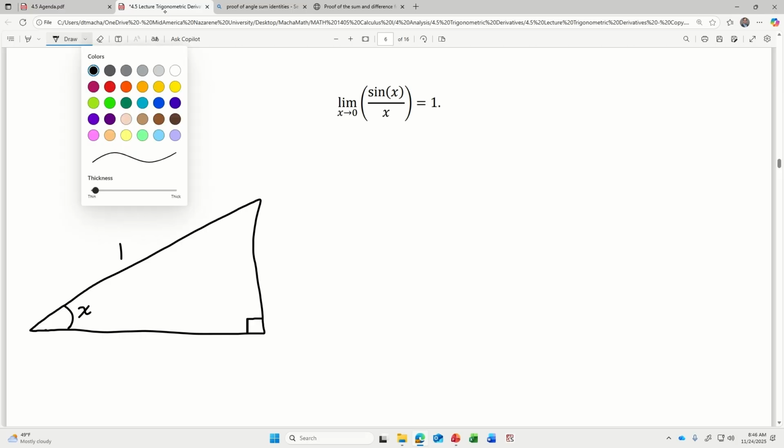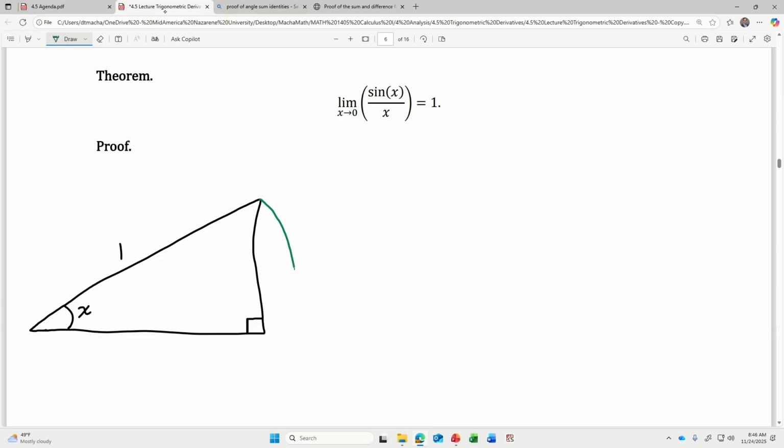We are going to set this triangle inside of the unit circle, if you will. Imagine I've got a circle with a radius of 1. So that green circle is my unit circle.